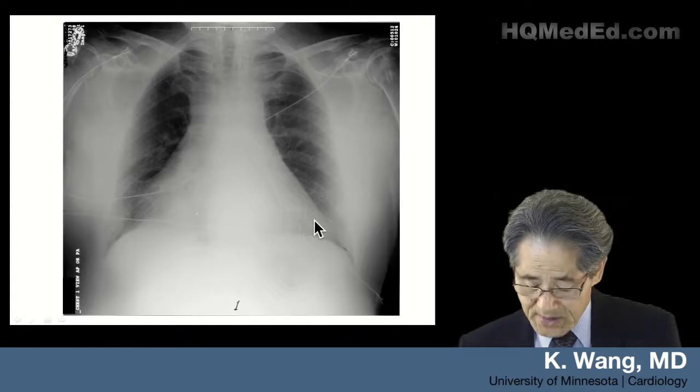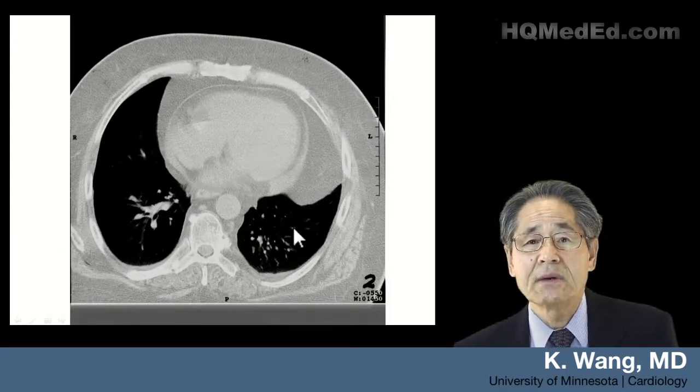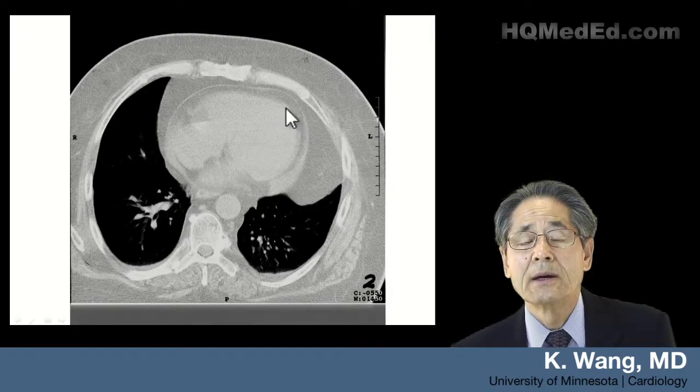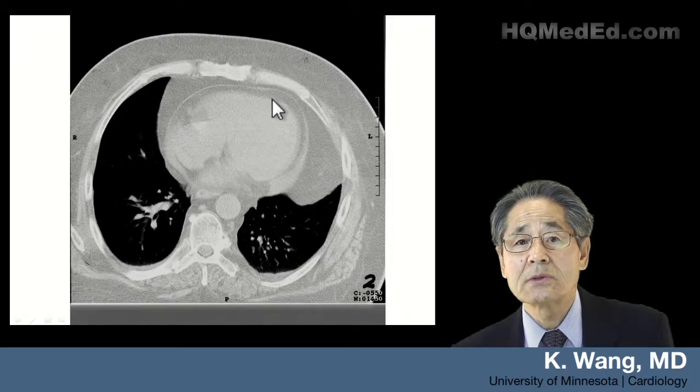And what's that something else? This patient had a CT of the chest. Are you surprised? Fat underneath the subcutaneous fat, substernal fat, fat underneath the epicardium. The heart is this one. So these are all fat.